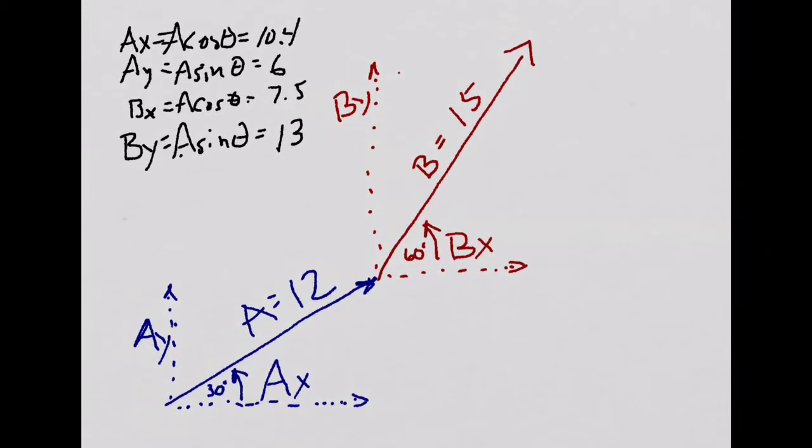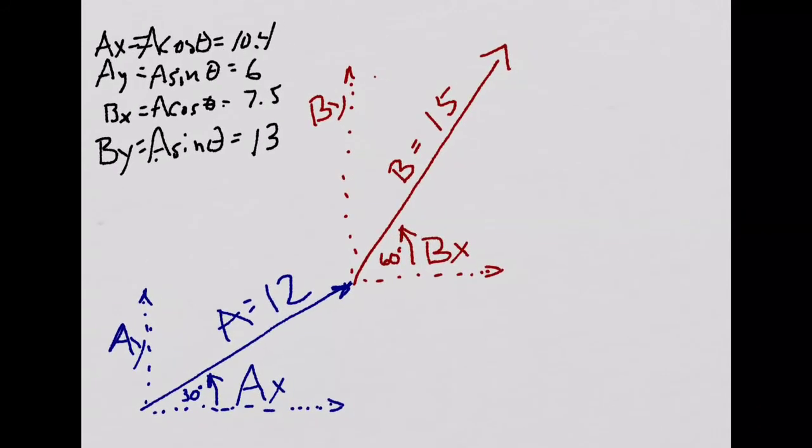So, I can add these components together, so CX is equal to 10.4 plus 7.5 to give us 17.9. CY is equal to 6 plus 13 equals 19.